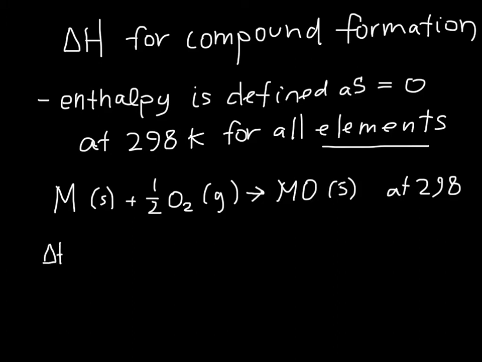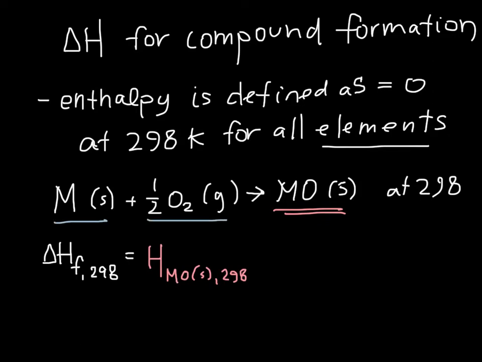So the enthalpy of formation at 298 is basically the enthalpy of the product, the metal oxide in the solid state at 298, minus the enthalpies of the reactants at 298. So minus the enthalpy of the metal as a solid at 298, and minus 1/2 the enthalpy of O2 gas at 298.